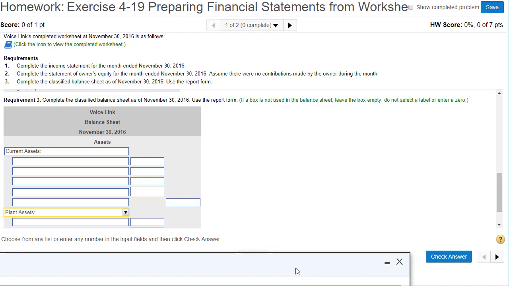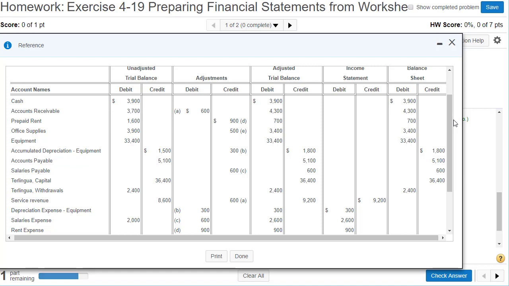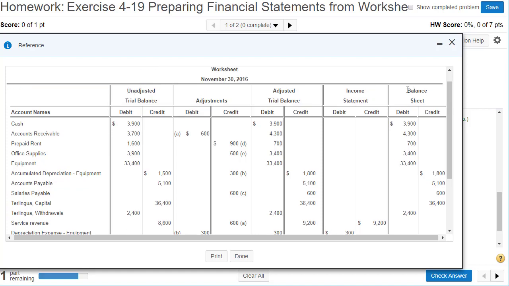So let's get back to our worksheet. Now, we're working on the balance sheet, so we're only concerned with these columns over here. And notice that the order of these assets, they always list the current assets first.